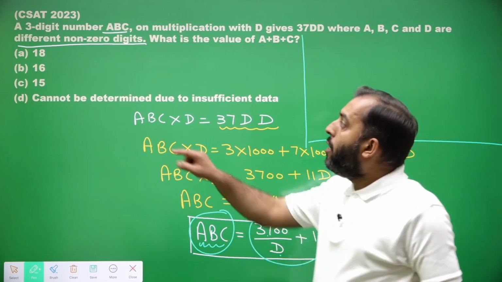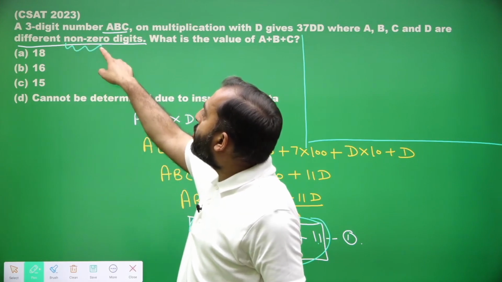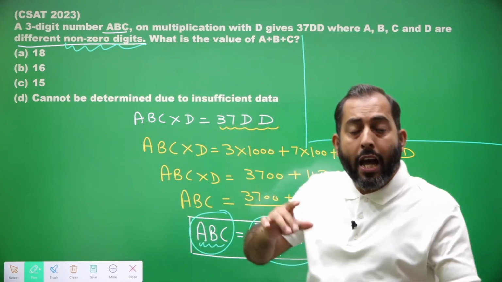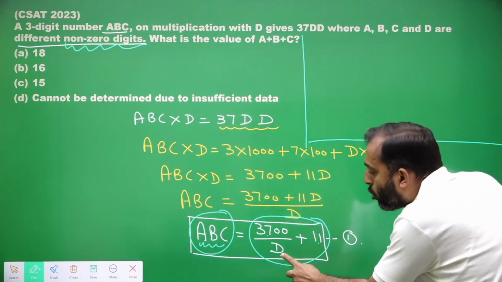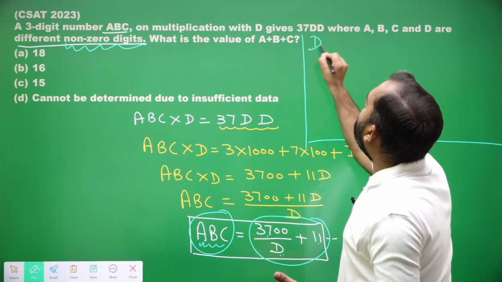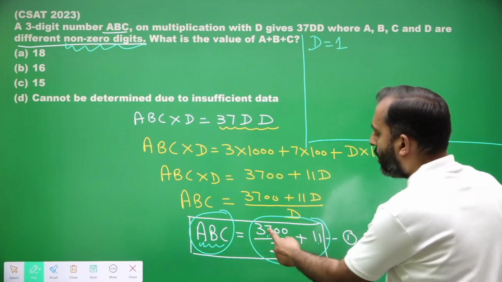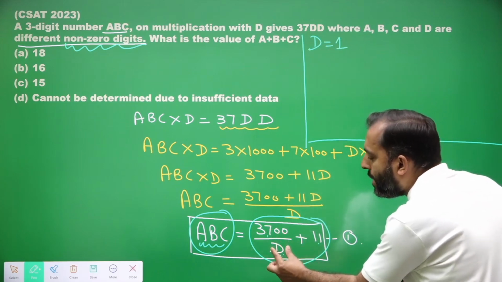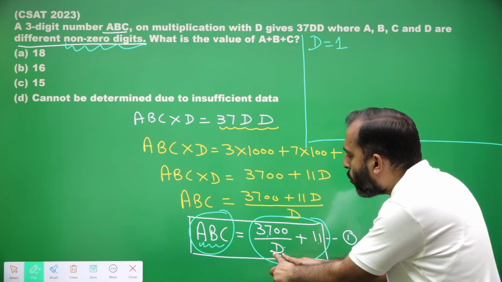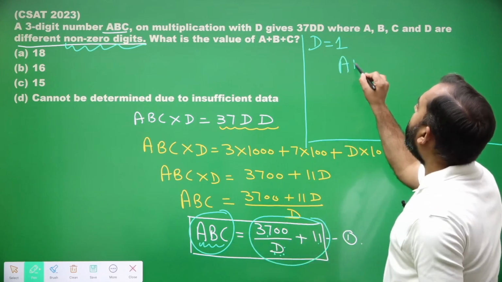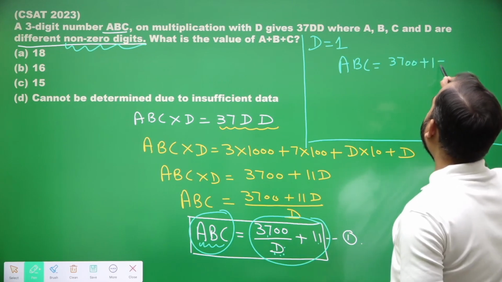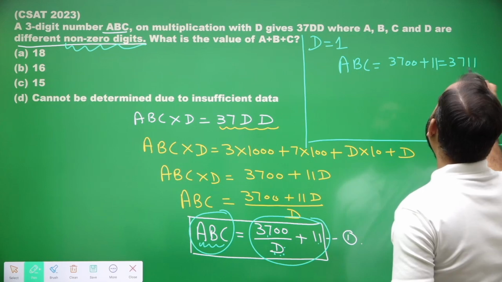Now I know D is a non-zero digit. So the minimum value of D can be 1 and the maximum value of D can be 9. At the same time, D should divide 3700 completely. So the first value that D can take is 1. 3700 is completely divisible by 1. So if I assume D equal to 1, this equation will become ABC equal to 3700 plus 11, which is 3711.